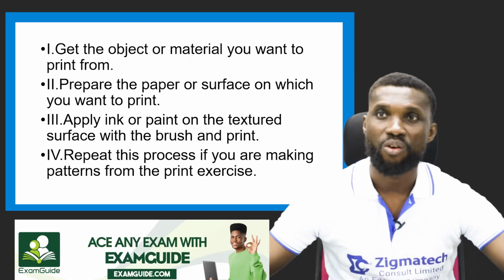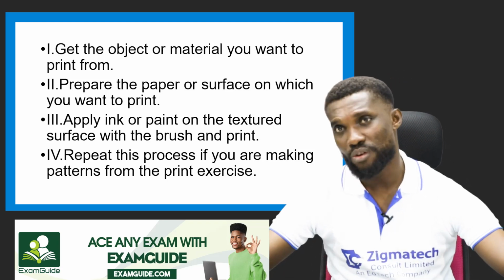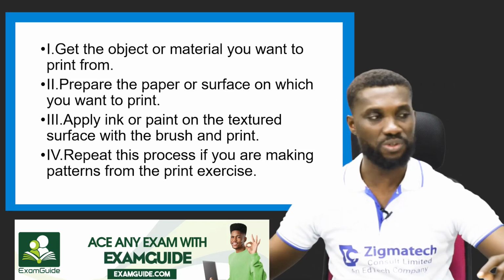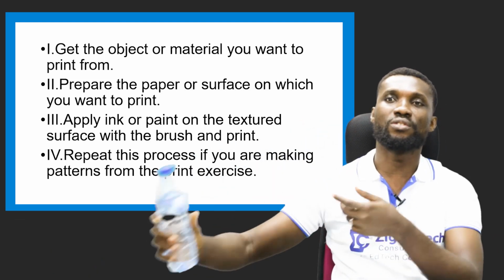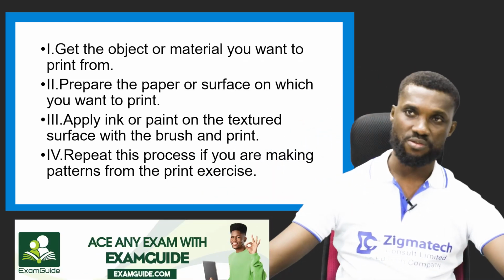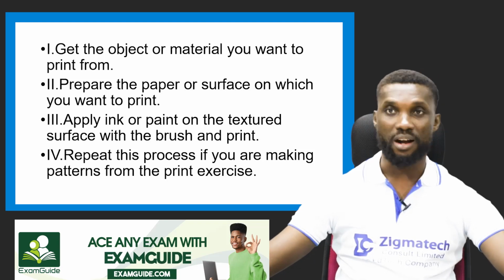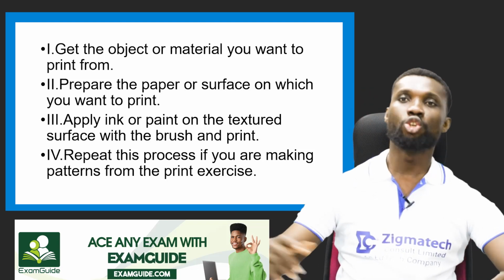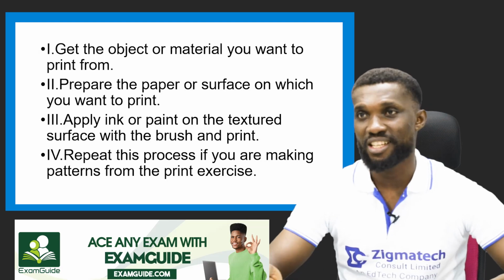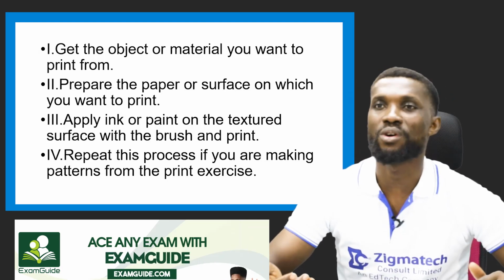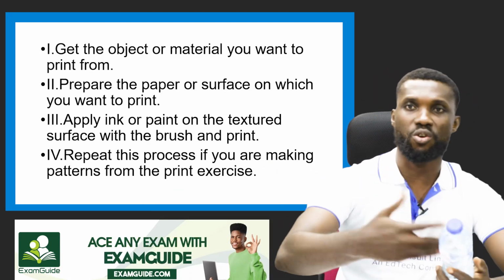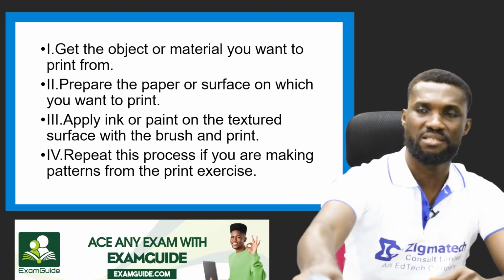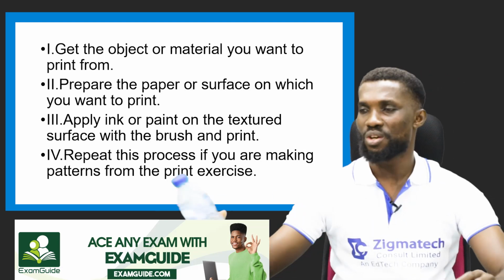Apply ink or paint on the texture, if you want to use this as a texture, you apply ink on the surface of the texture with your brush and paint. Then you repeat this process if you're making a pattern for the printing exercise. By the time you apply the color on your surface, you start printing. Then you print and print and print. When you're done, you're good.